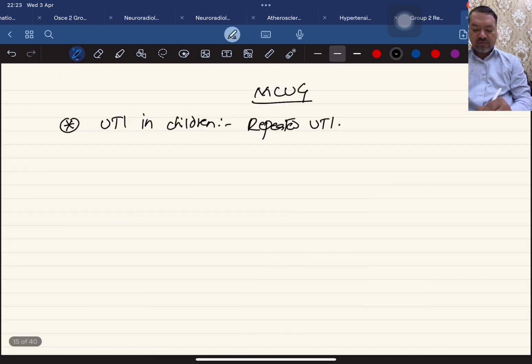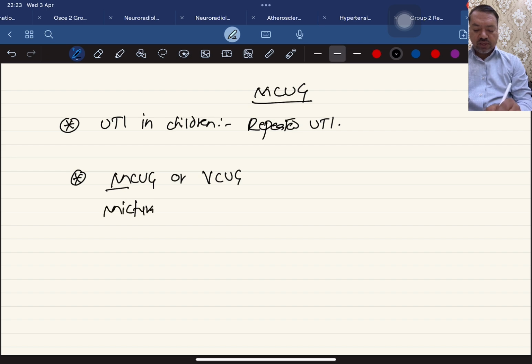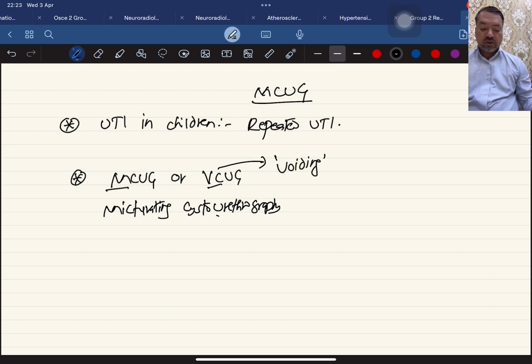So I'll write it here, the name of the investigation: MCUG or VCUG. M for micturating cystourethrography, and V is for voiding cystourethrography.